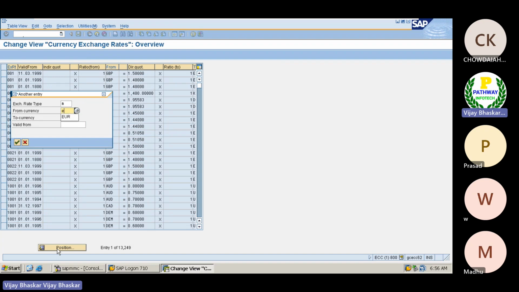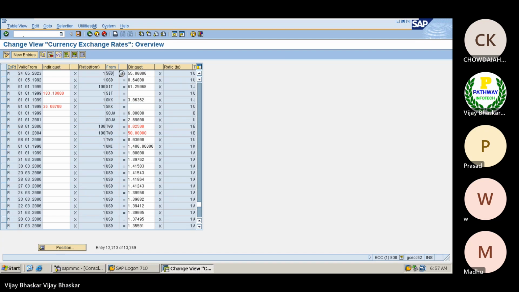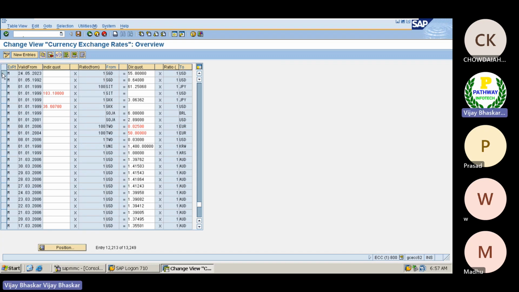Okay, let us see EUR. Yes, SGD to EUR. Let's see, now when they have maintained, here it is. See now, USD is there. What I'll do, I'll copy this exchange rate.